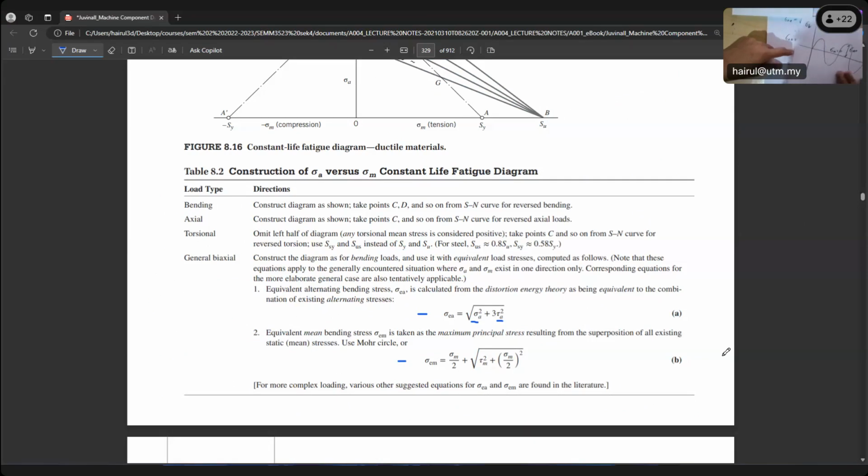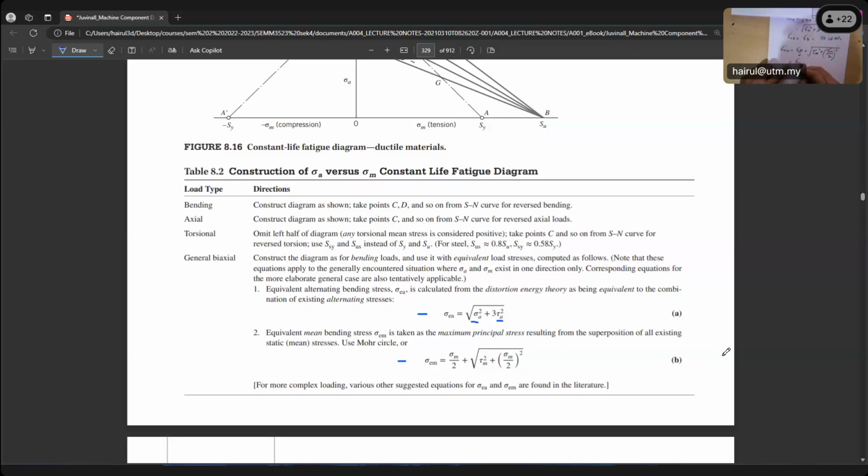Do we have mean? No, it is 0. Be careful, but I cannot put this 0. What about axial? Do we have mean? Yes, so this is sigma axial.